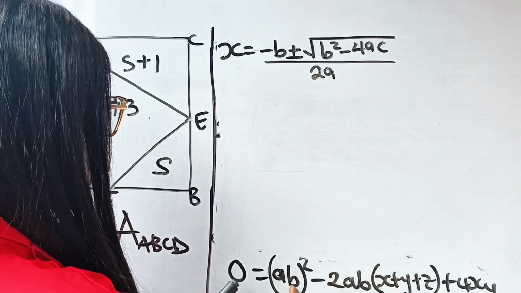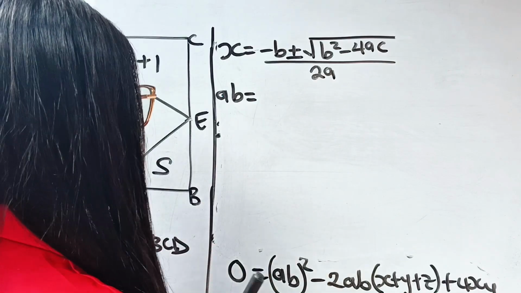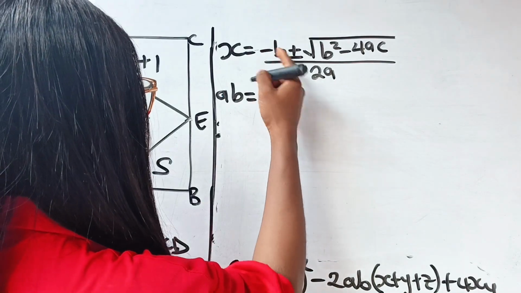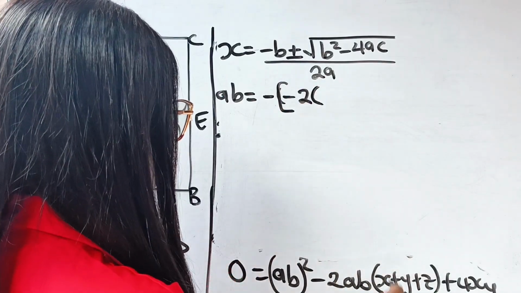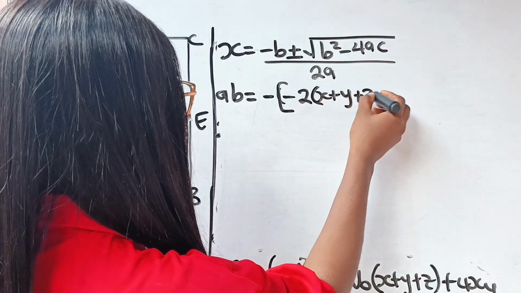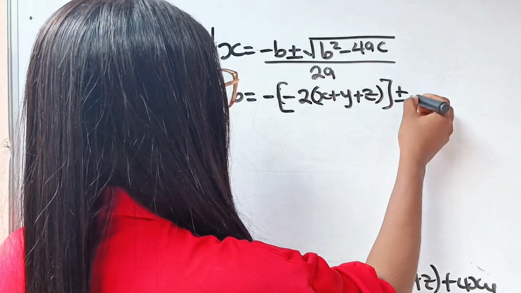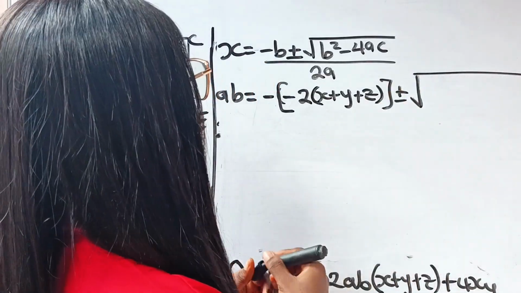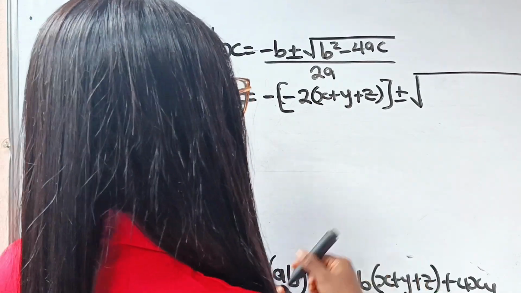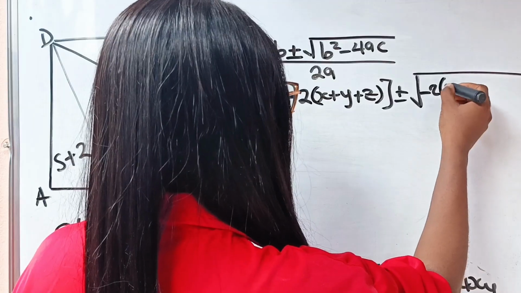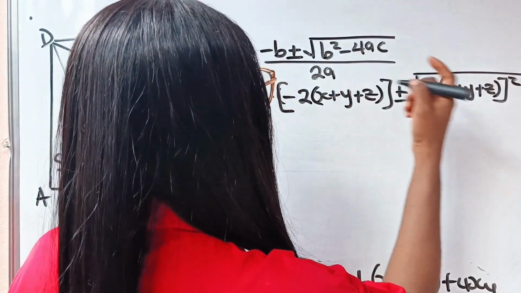In this case, our x is ab. So we have ab is minus b, that is the coefficient of ab, which is minus 2 brackets x plus y plus z, plus or minus the square root of b squared, that is minus 2 bracket x plus y plus z all squared, minus 4ac.